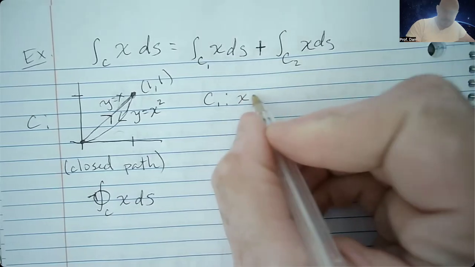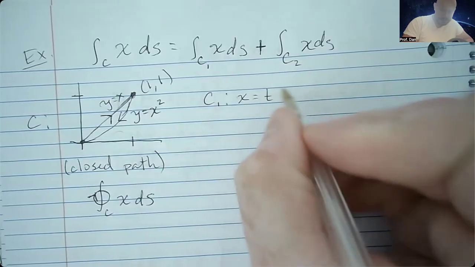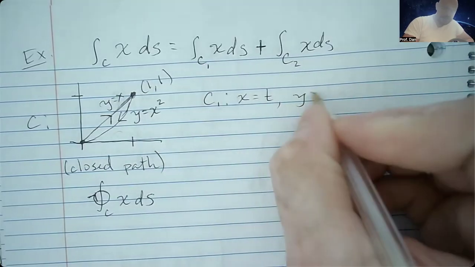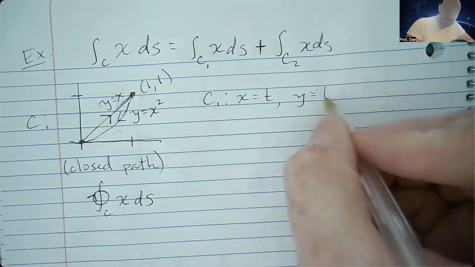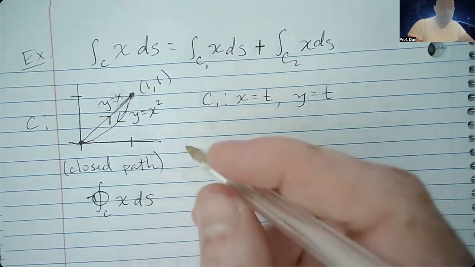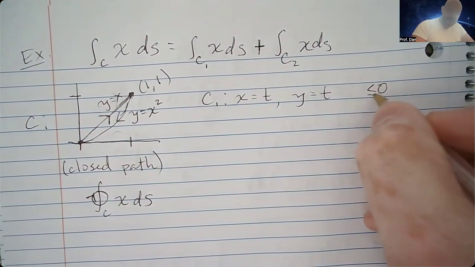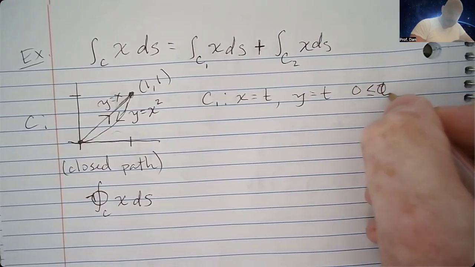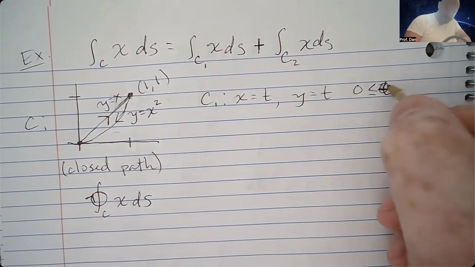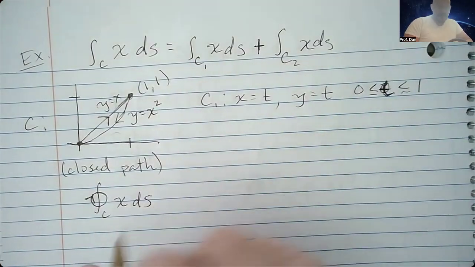So I'd get x is equal to 0 plus 1t, so x is equal to t, and y is equal to 0 plus 1t, so y equals t. The restriction on t for this one is that t is between 0 and 1.